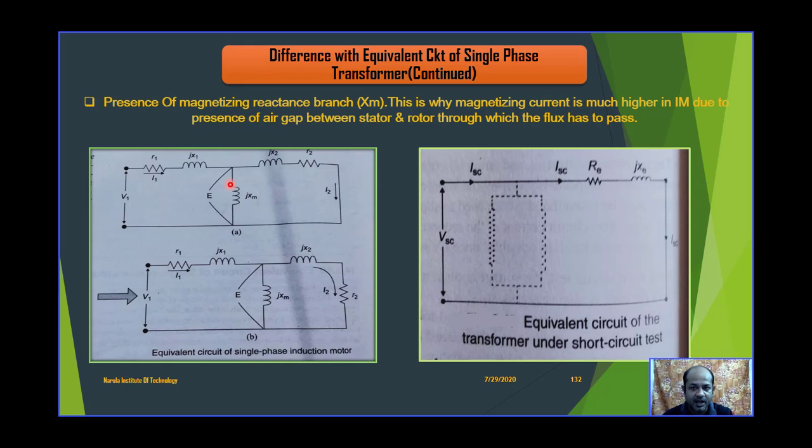Now, as we have discussed from lecture number 1 till lecture number 13, the pulsating magnetic field of a single phase induction motor can be considered as a combination of two fields: one is the forward field and the other is the backward field. Both rotate at synchronous speed ns but in opposite directions.